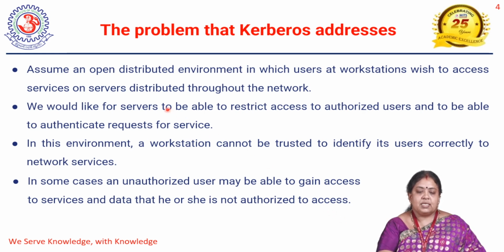So in a distributed environment, there are servers which can be accessed by many users located at different workstations, and servers have the restriction that only authorized users can access the data, but the workstation cannot be trusted to identify its users. For this purpose, we are going to use an application protocol that we call Kerberos. Kerberos is an authentication protocol, and for this main purpose it has been used.